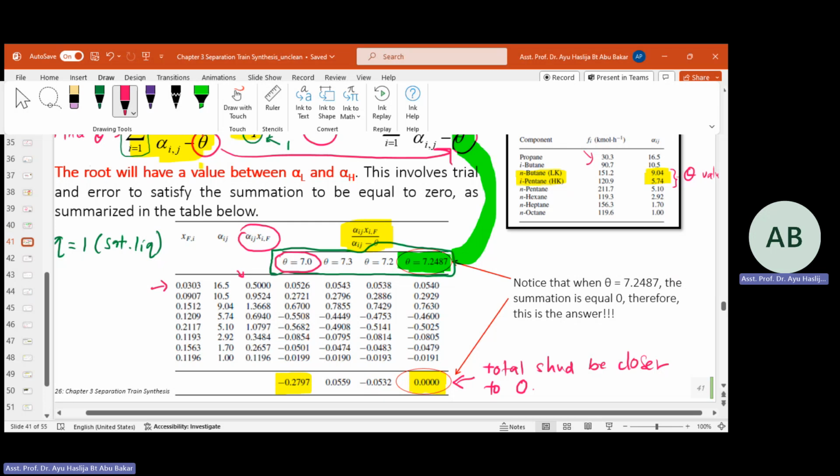It should be given. Relative volatility will be given, because it is based on the properties of the component.